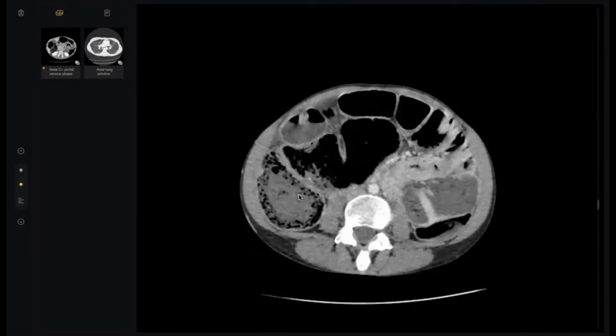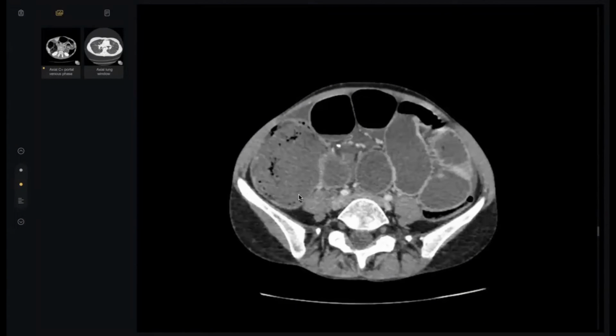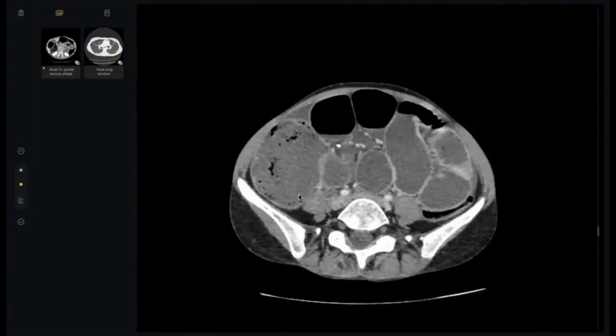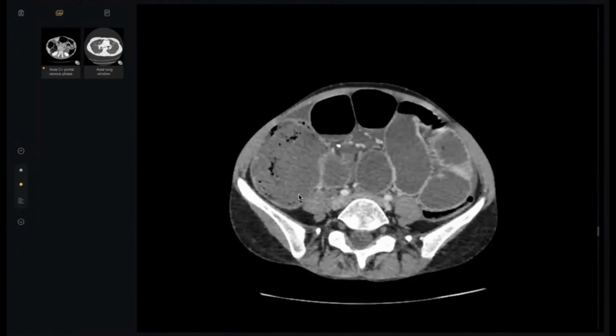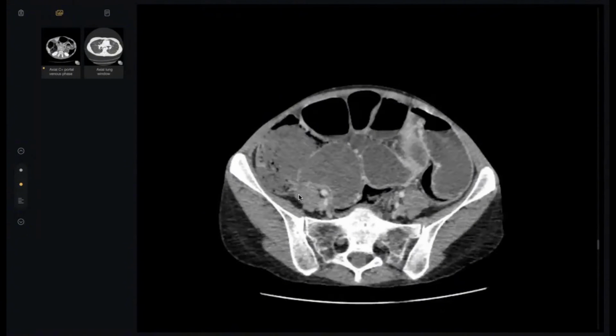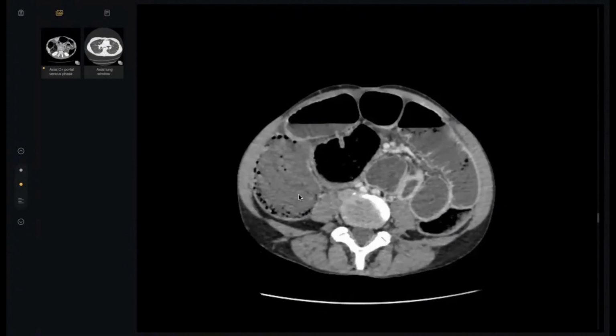I'm trying to look at the ileocecal junction. There is also evidence of air locules in the cecal wall, which is raising concern for pneumatosis intestinalis, which is also a finding in cases of scleroderma. I'd like to see the coronal image, if available, to look at the ileocecal junction and bowel loops.